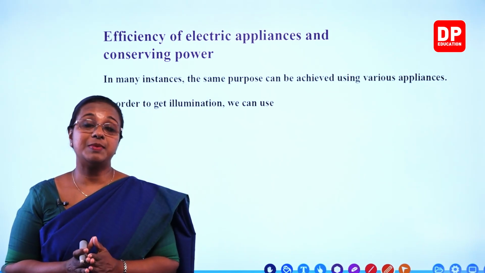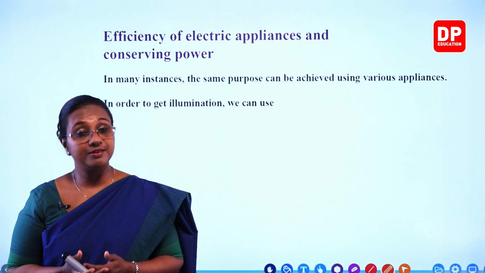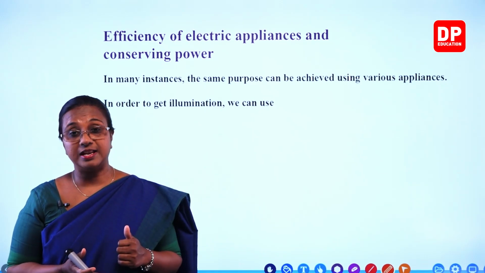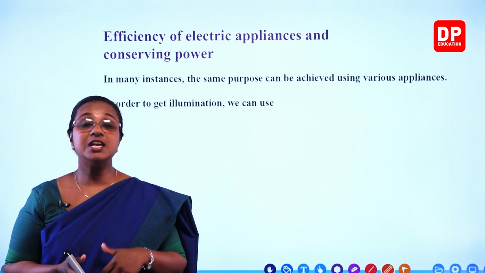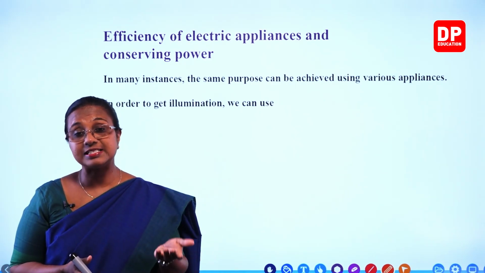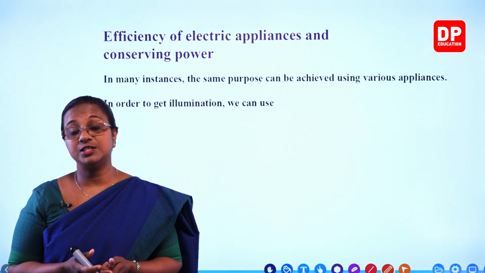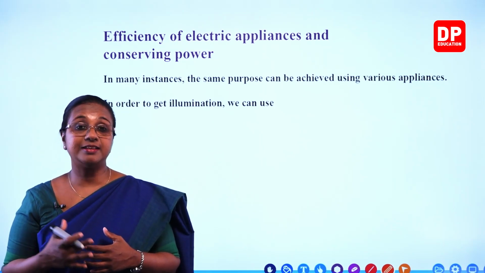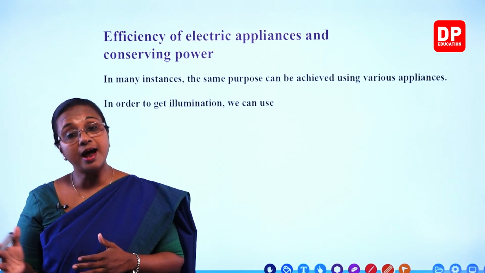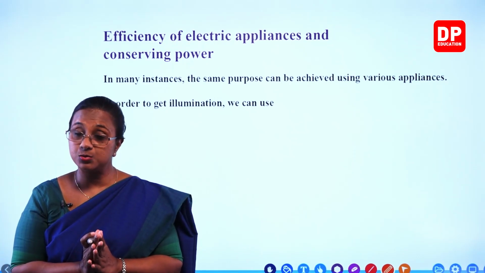Most electric appliances have an internal resistance. Because of that, some of the electric energy has to be used against the internal resistance, and that will be converted to heat. So the electric appliances are not 100% efficient. You are familiar with that concept as well.